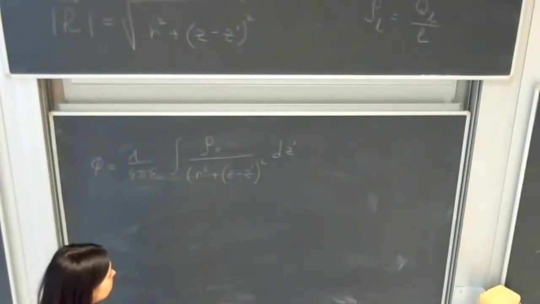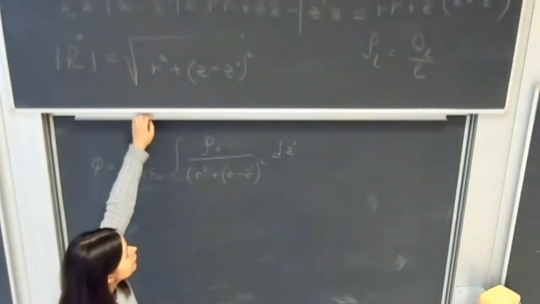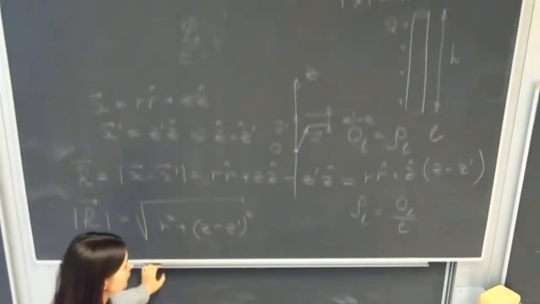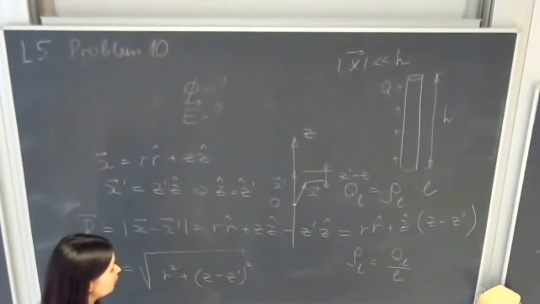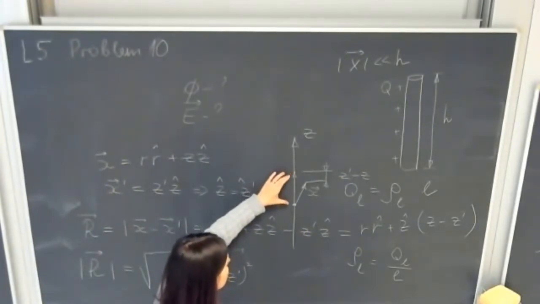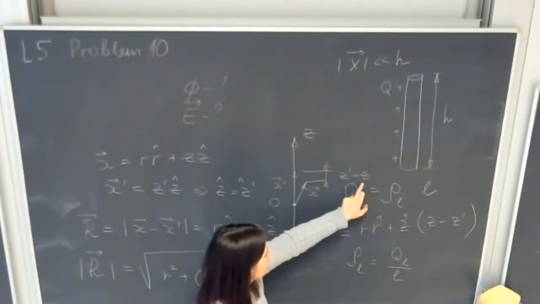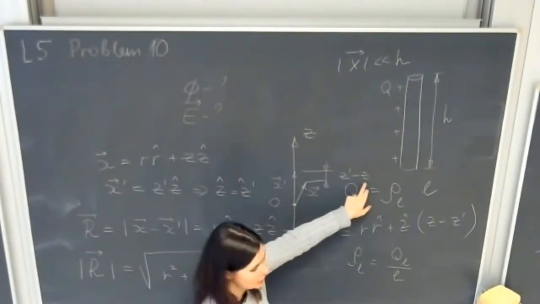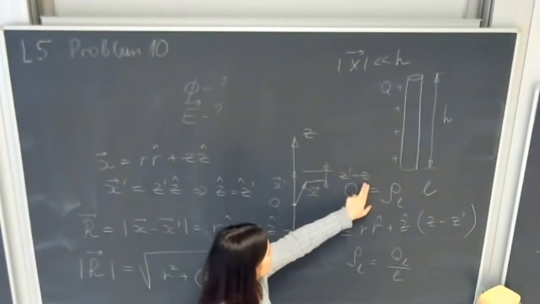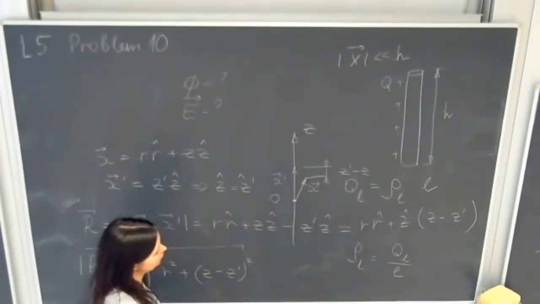And dz prime is related to this distance, z prime minus z, where z is very small.